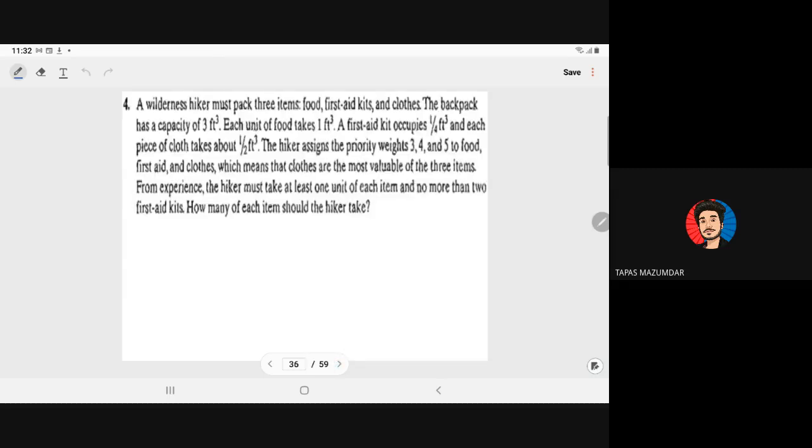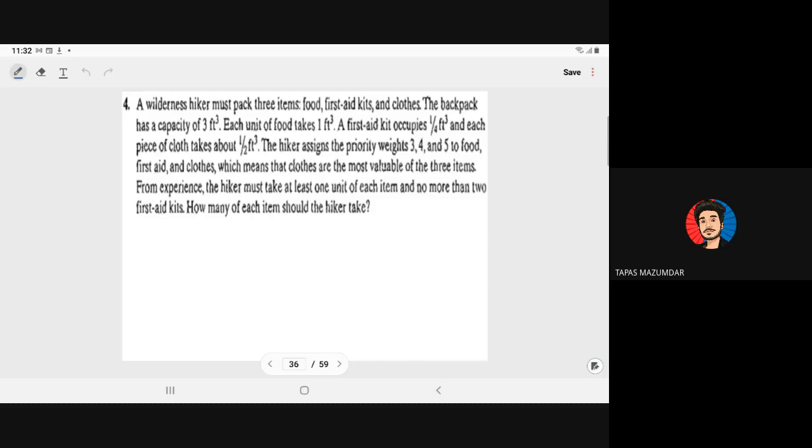Now exactly a similar type of question. A wilderness hiker must pack three items: food, first aid kit, clothes, in a knapsack. The backpack has a capacity of 3 feet cube volume. There is a maximum limit of the volume.